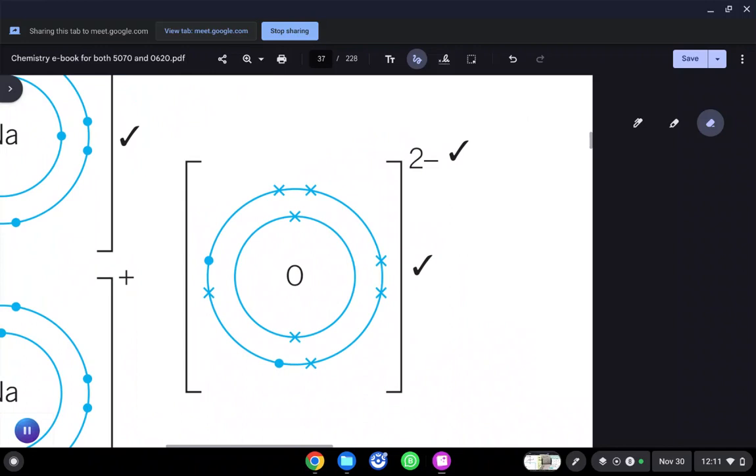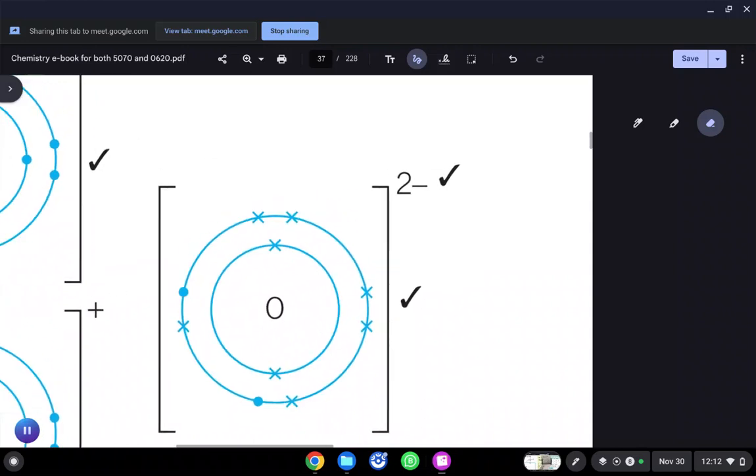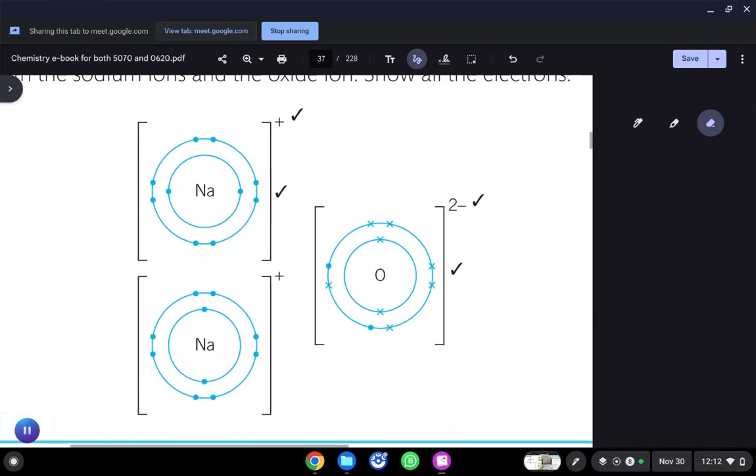So you can see there are two dots present in oxygen. These two dots represent that they came from sodium. We have to mention dot and cross so that the examiner can know you understand these two electrons belong to sodium, and this two negative charge must be written on the top. Similarly, sodium has lost one electron, so there is only one positive charge.